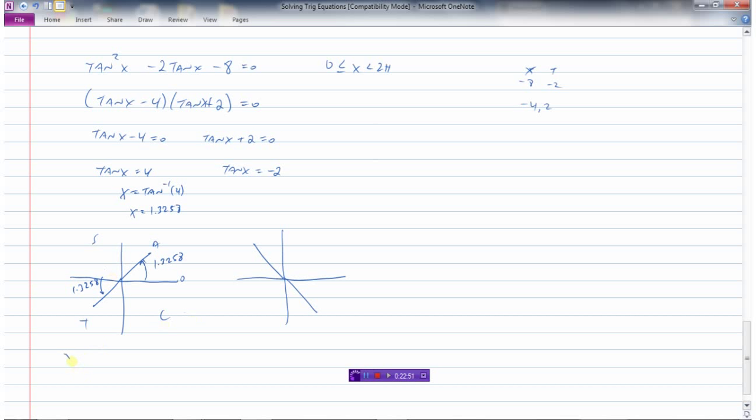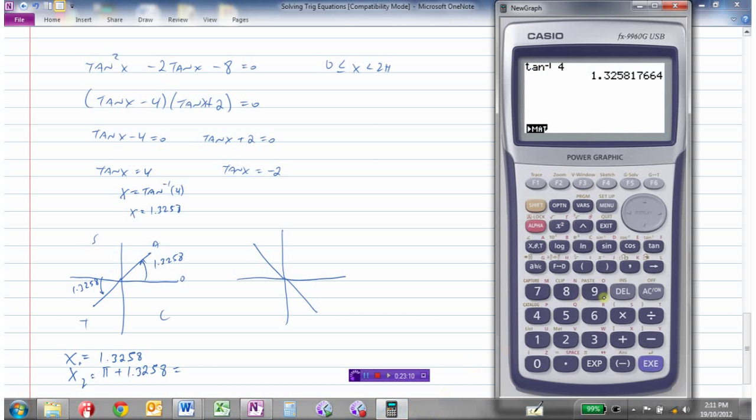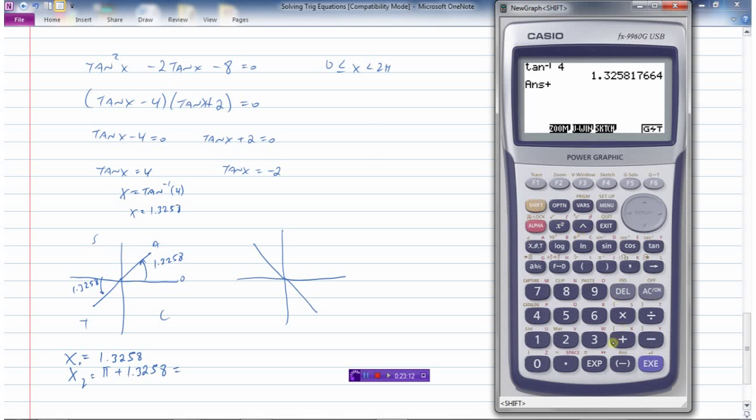So now if I want to find my angles between 0 and 2 pi, one would be 1.3258, and we'll call that x1. x2 is going to be pi plus 1.3258, which is, I'll go answer plus pi, 4.4674.